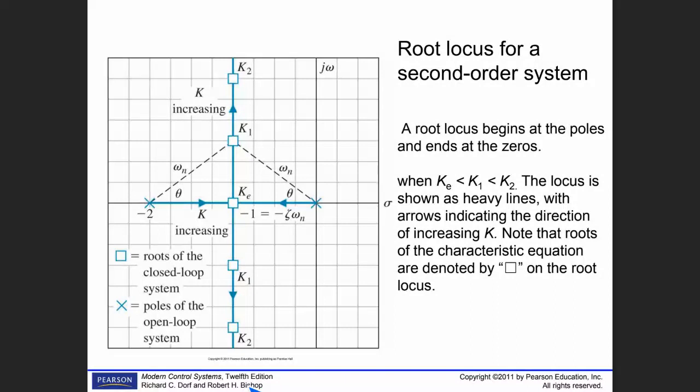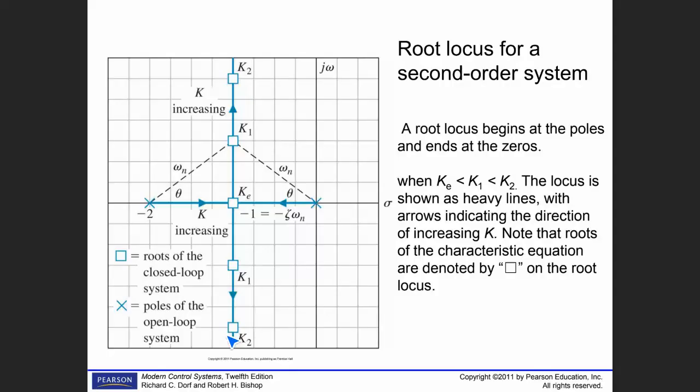I picked that picture from there, and you can see that this is a second order response with respect to the variation of the K. And you can see that this one, for example, which one is the better point? Which one is better, K2 or K1?